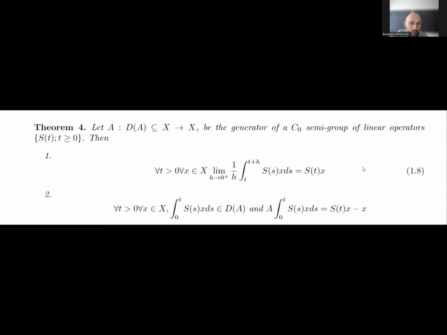All right, now theorem 4. We have some properties when you have a C0 semigroup, and those are the following. So first, for all positive t, for all x in X, so this result is well known for a continuous function, for example, from R to R. So it holds also for our C0 semigroup.